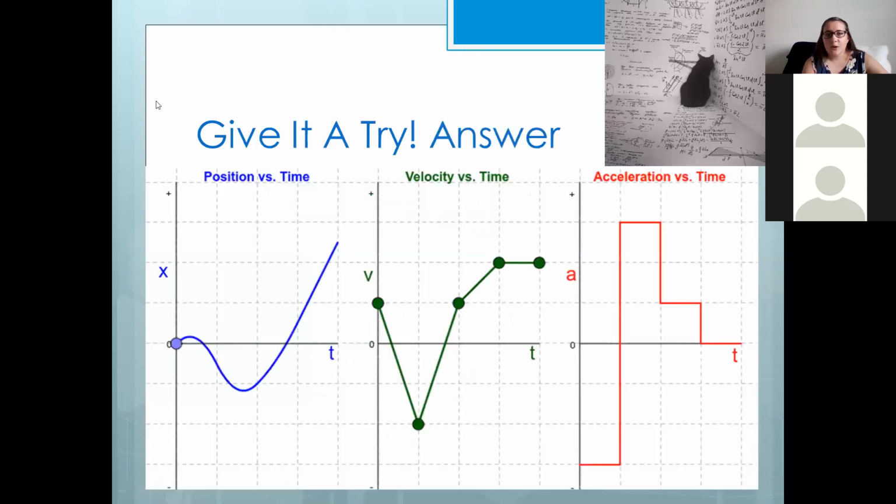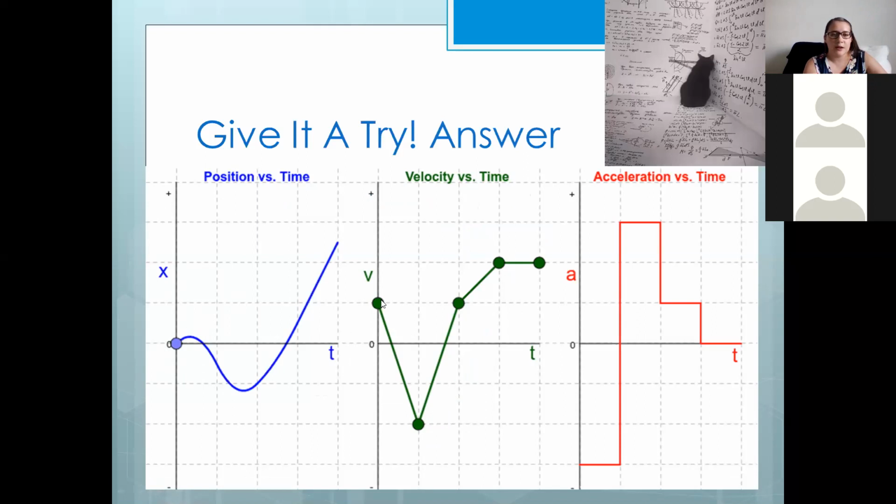All right, so hopefully your graphs look something related to this. This one didn't have it in a stack, it has it side to side. So I think in my mind, it's a little bit more complicated to relate the sections together. But we can see in this position time graph, at first, the slope of our tangent line here would be positive.